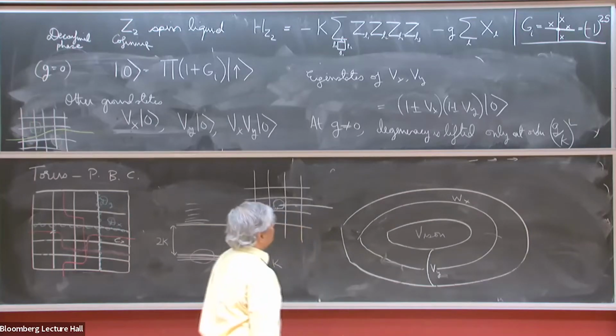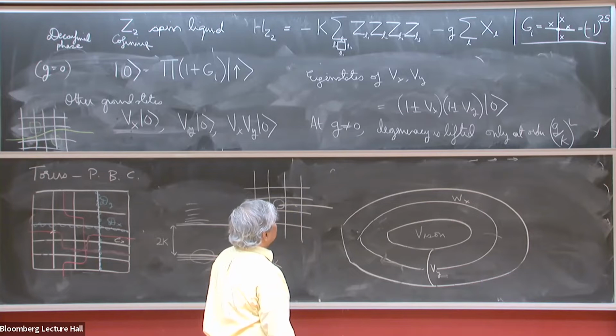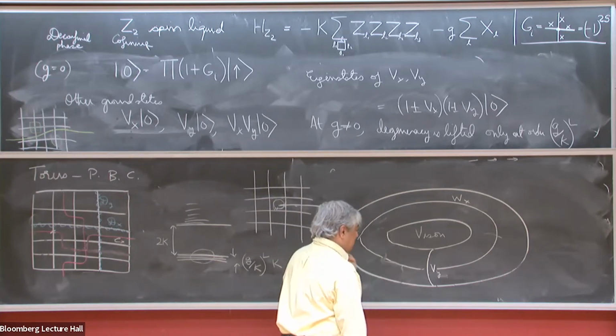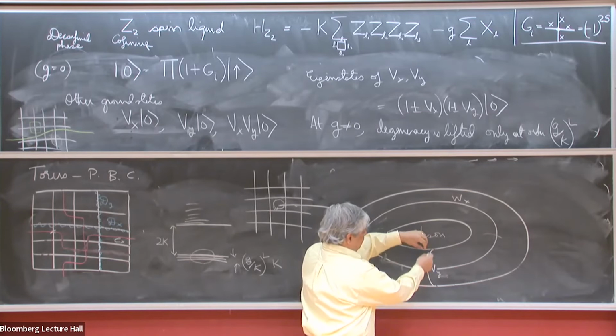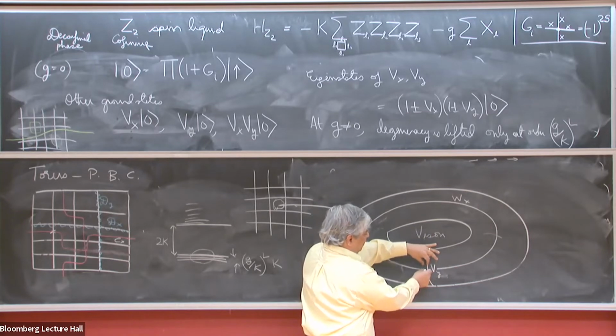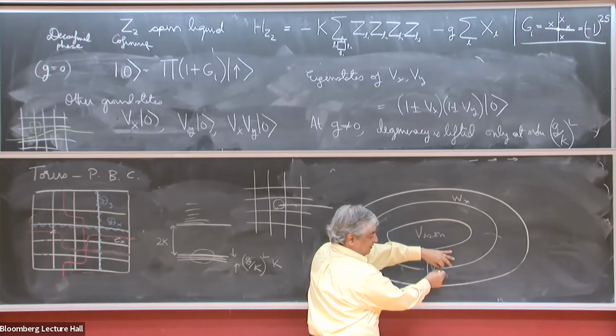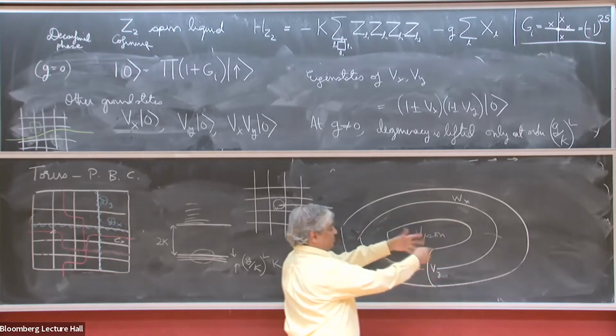The x's, it turns out, correspond to, I always get confused here, creating an E particle. You can think of the Vy as creating two E particles and taking them around the whole of the torus and annihilating them again. And that takes you back to the other state.